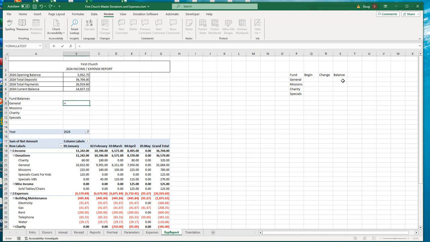Right, whatever's over there we'll pull over here, and so it'll just be a simple formula to display those amounts. Whatever we end up here in our calculated balance, we'll just pull it over and display it on the report. Okay, cell formulas.